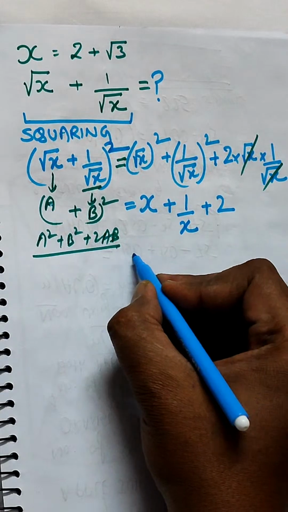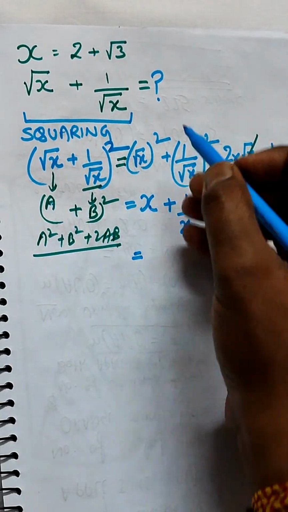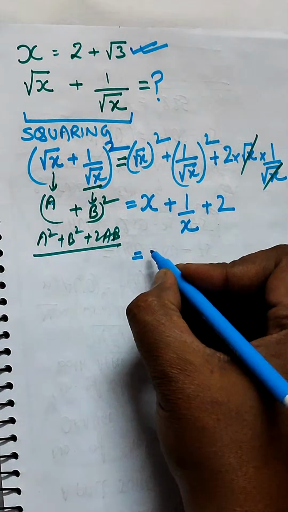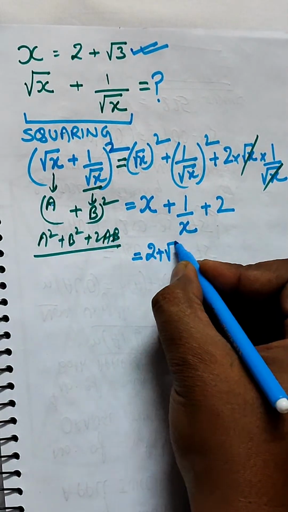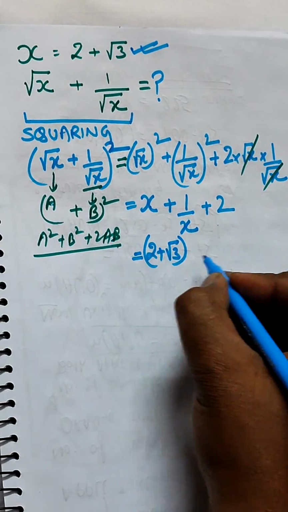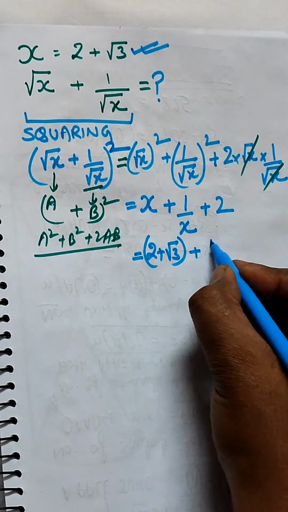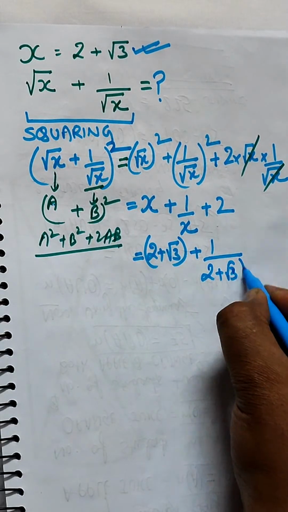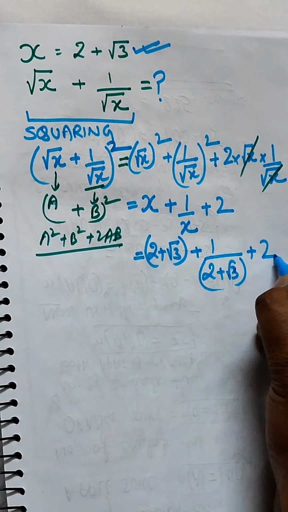The next step, put the value of x as 2 plus root 3. So it will be 2 plus root 3, plus 1 by 2 plus root 3, right, plus 2.